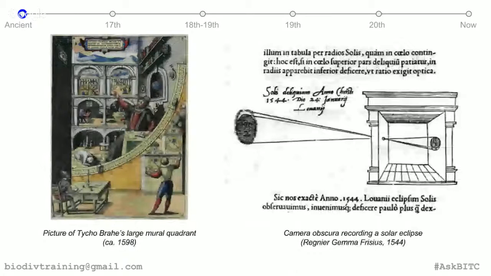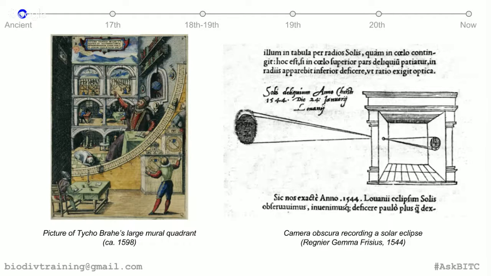The 16th century brought new techniques and tools to better observe and measure physical quantities and qualities of the environment. For example, to the left, there is a depiction of Tycho Brahe's large mural quadrant, which was basically a larger version of a regular quadrant for improved recording of the position of heavenly bodies.